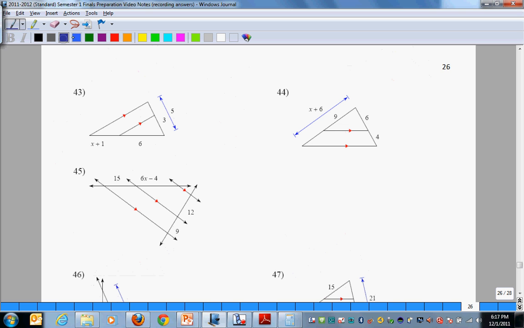In 43, we see that if this is 3, this must be 2. Now our information is limited to just the segments. So I'm going to go 2 times 2 over 3 equals x plus 1 over 6. Cross multiply again.